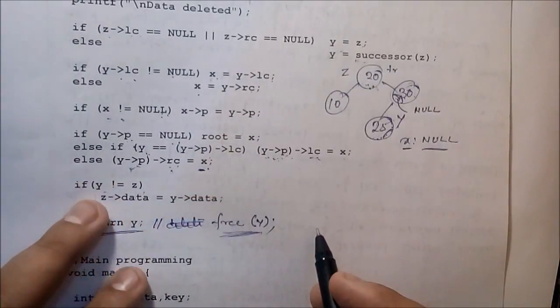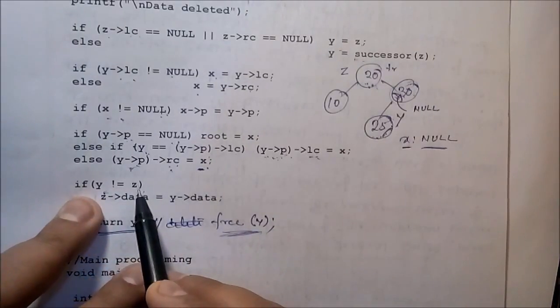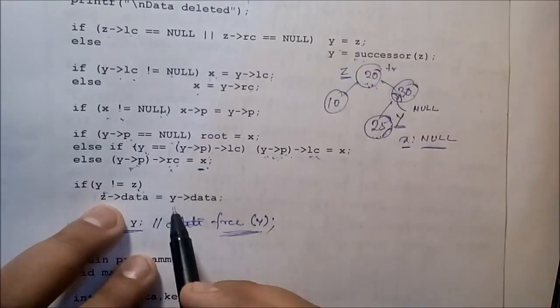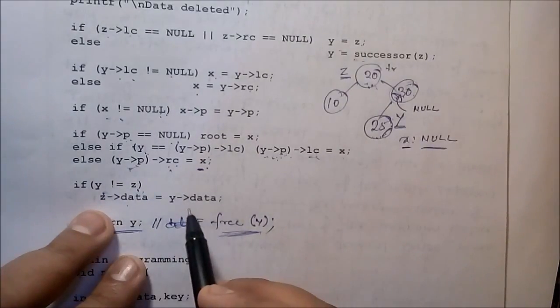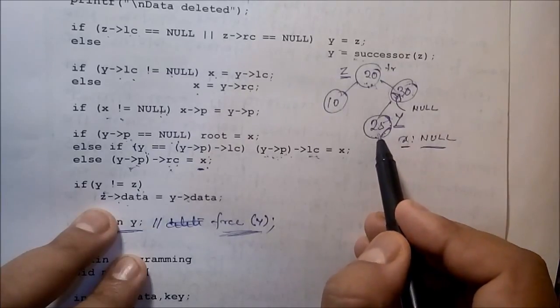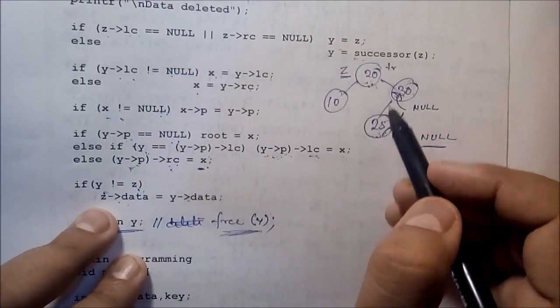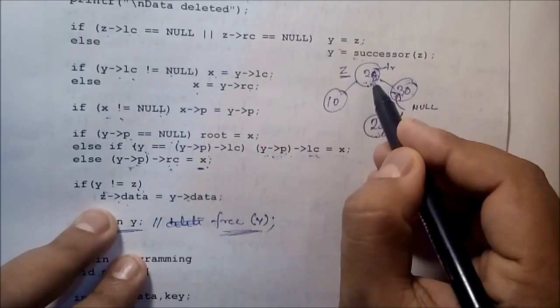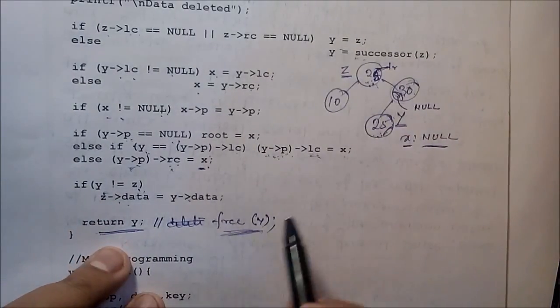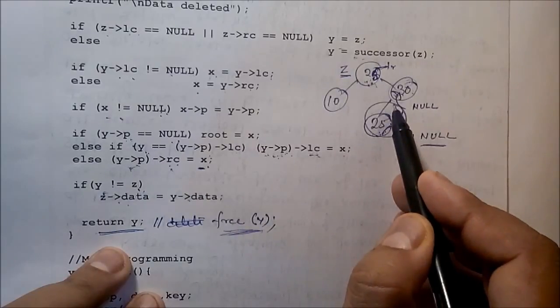Now y not equal to z, the condition is true because z is this one, y is this one. So transfer data from y to z. The y data is 25, the z data is 20. Transfer data, now it is 25. And free y, delete this particular part.